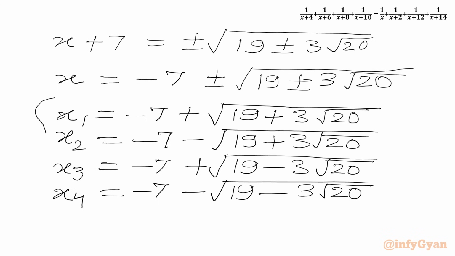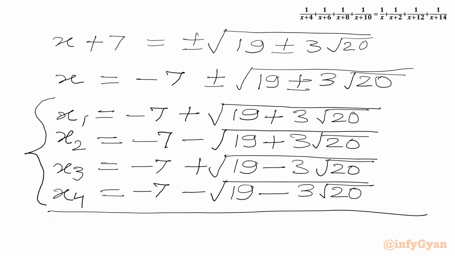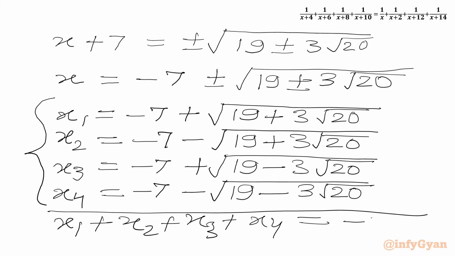Now we have to add all the 4 irrational roots. So once we will add them up, I will write here x1 plus x2 plus x3 plus x4. We are going to get minus 7, minus 7, minus 7, minus 7, minus 28.